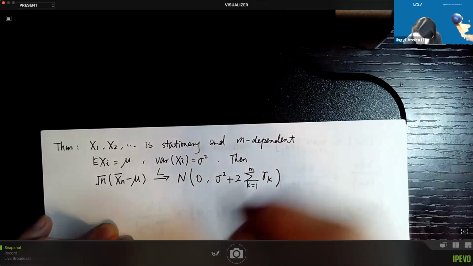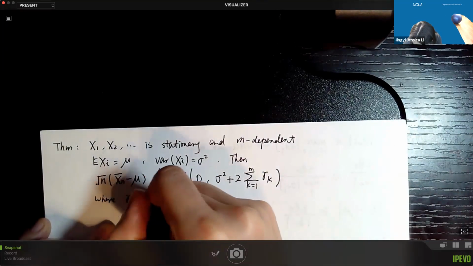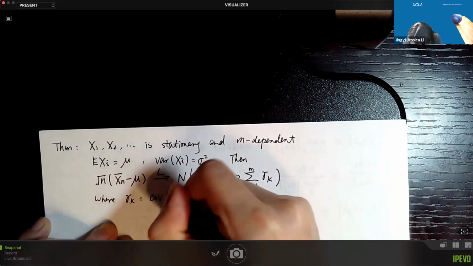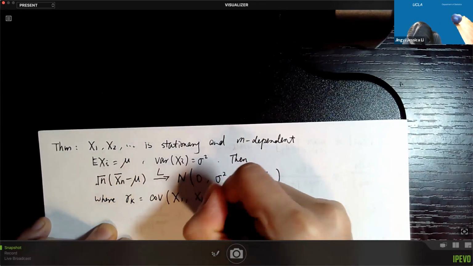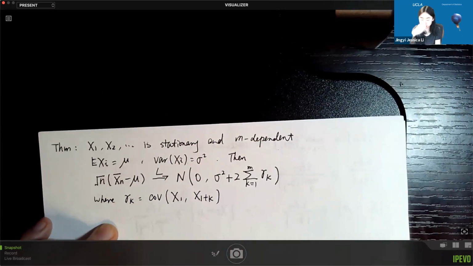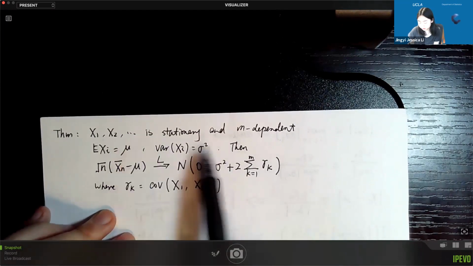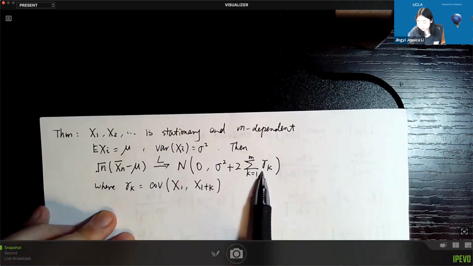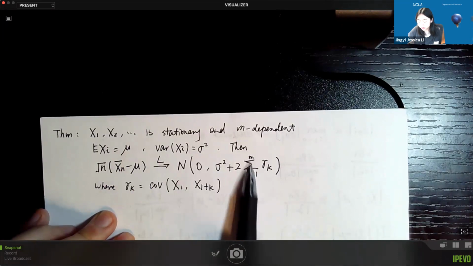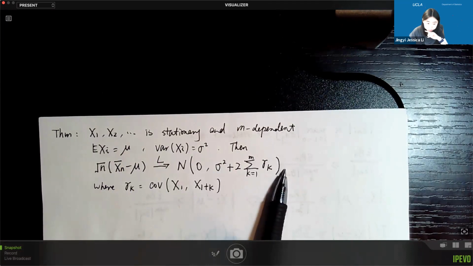Okay, and here each gamma k is just the covariance of x1 and x1 plus k. So you see, as long as you have the mean of each variable, the variance of each variable, and the m covariances between x1 and x1 plus k, for k less than or equal to m, then you can have the asymptotic distribution.